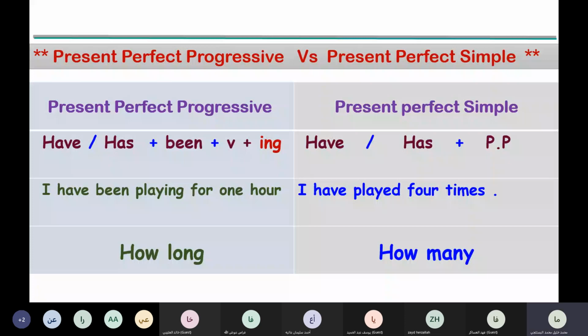This is on page 20, exercise A. These are the tenses that we use, present perfect and present perfect progressive. You can do it in your half. Now look at exercise B.